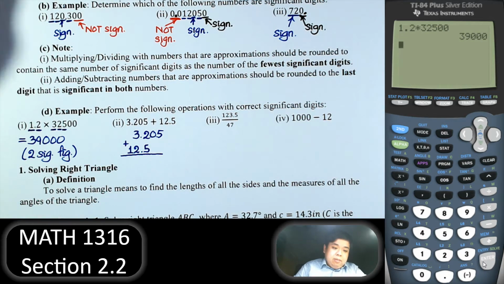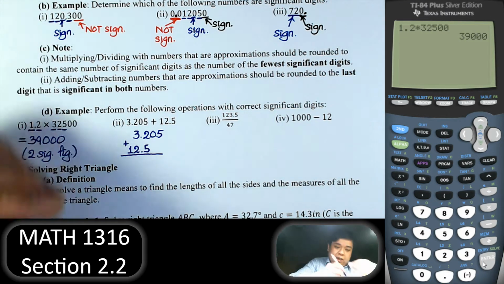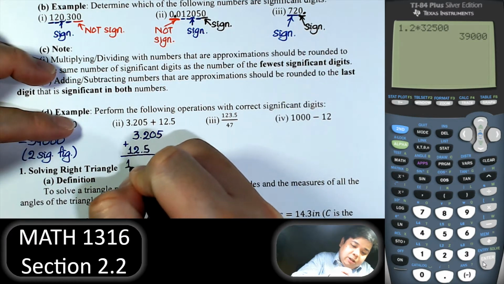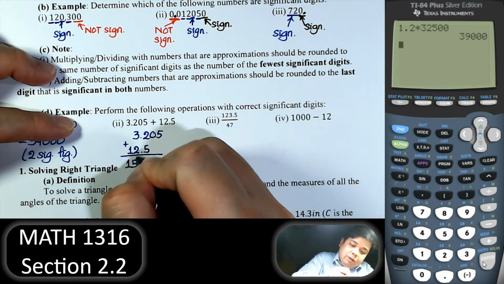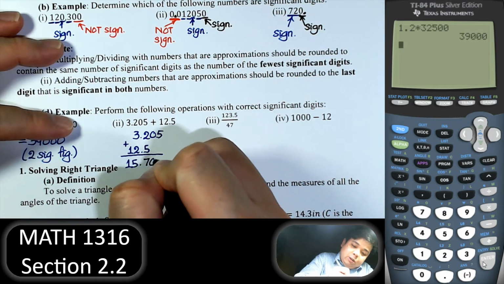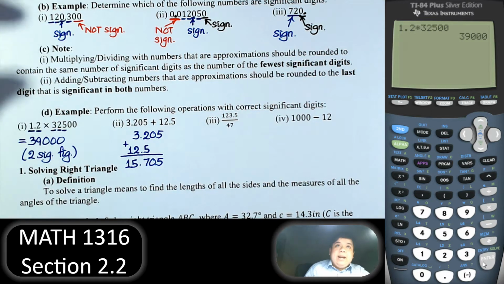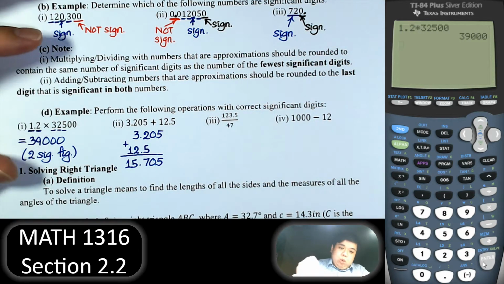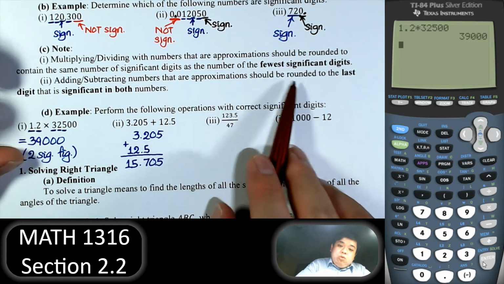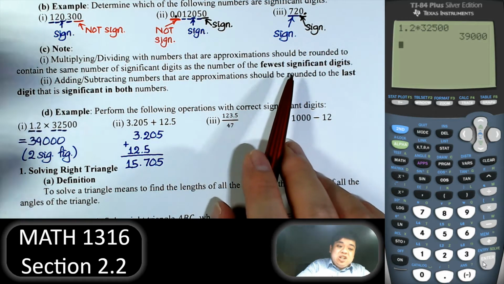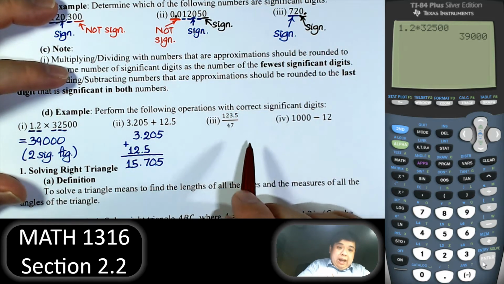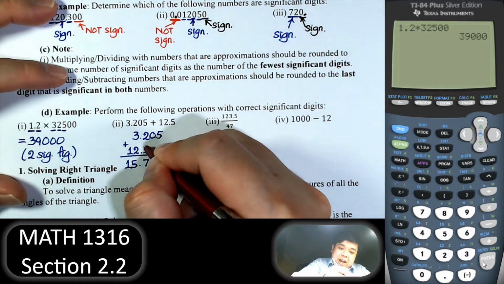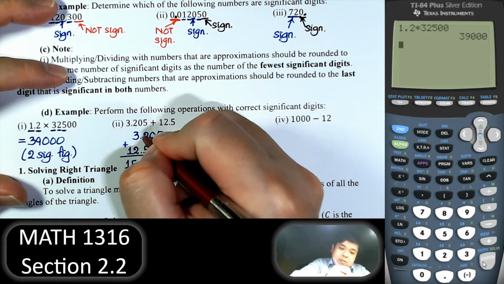So we add them. It's easy. That will be 1, 5, 7, 0, 5. Now the rule says we should round to the last digit that is significant to both, and this is the last digit that is significant to both of them.